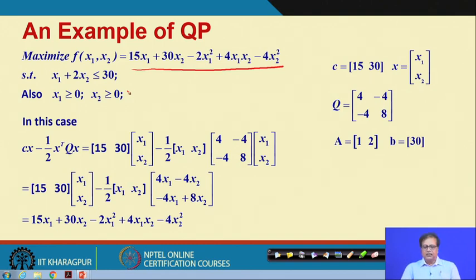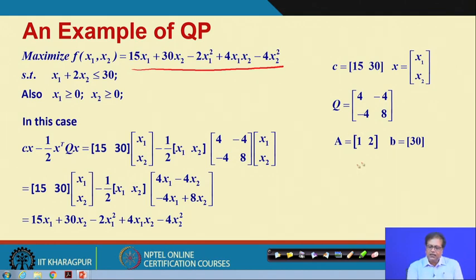Let us understand this. From the nature of the problem, it is clear that C is [15 30], because it was said that C is a row vector. X is a column vector, so X is the two variables x1 and x2, and supposing this is the form of Q, this is the A matrix and this is the B matrix, is it all right.